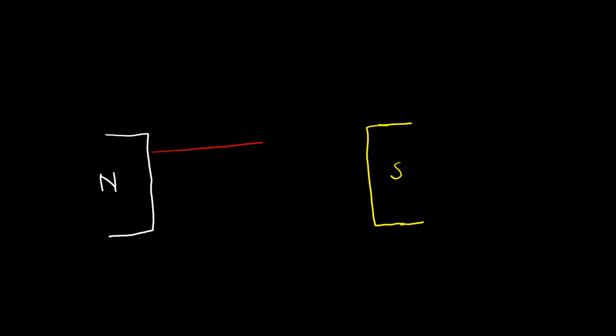So now consider we have a magnet. This is the north pole of a magnet, and this is a schematic representation of the south pole of a magnet. The magnetic field lines are generated from the north pole and they go toward the south pole.